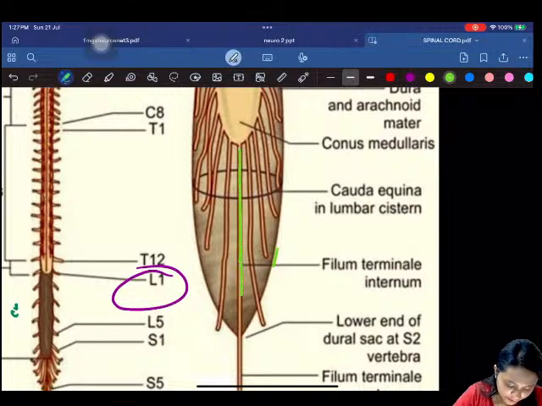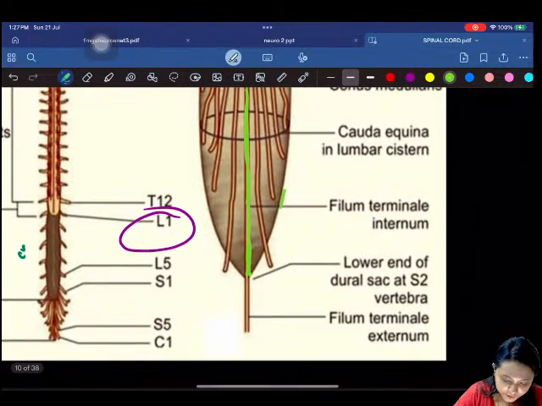Now, till it is enclosed within the dural sac, that is the filum terminale internum, and after S2, from S2 to the coccyx, it is known as the filum terminale externum. Okay, so this is also asked in the exam.